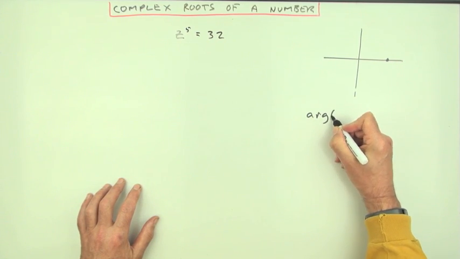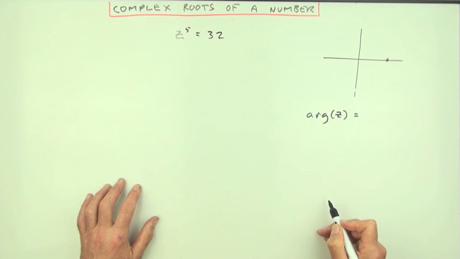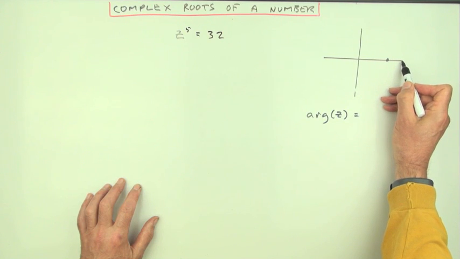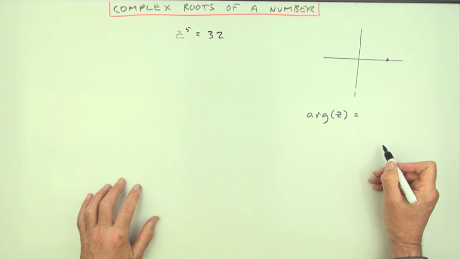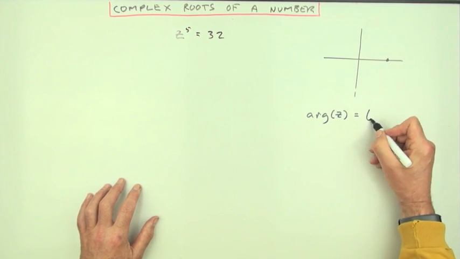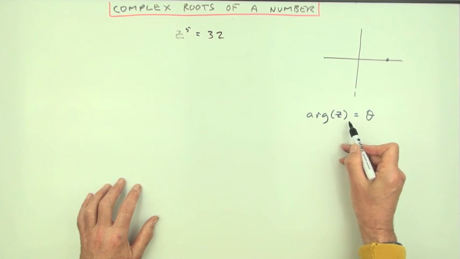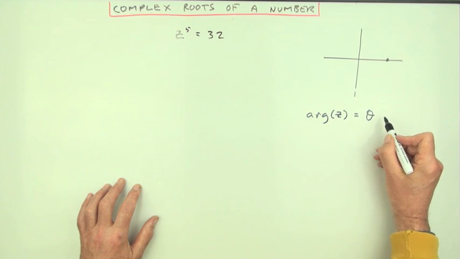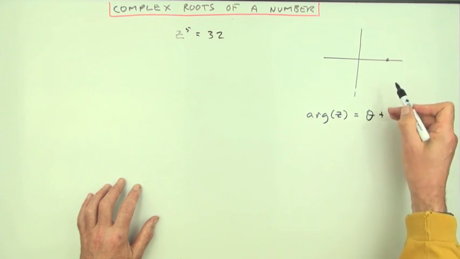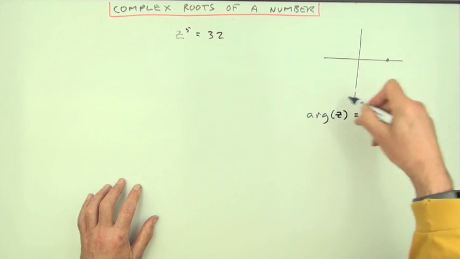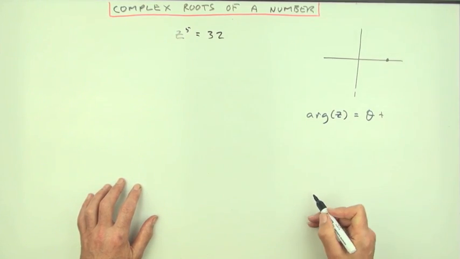To get the argument of a complex number, you measure the angle from the positive real axis anticlockwise. So we'll just say that angle was some number of radians. But the argument could be that, or it could be any number of complete turns on top of that, because they would always end up there.